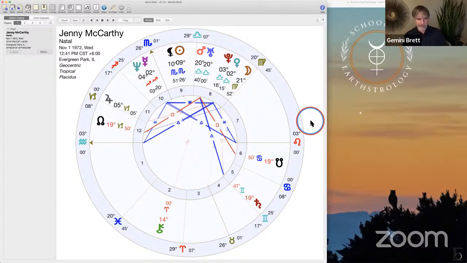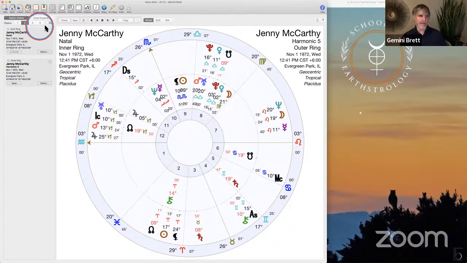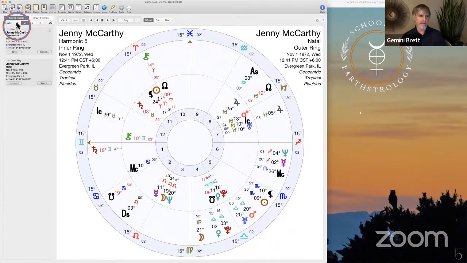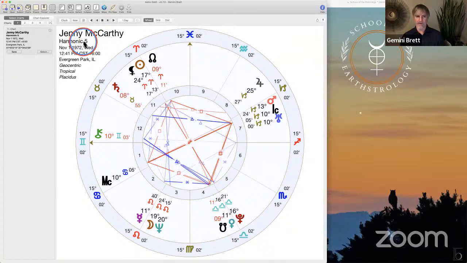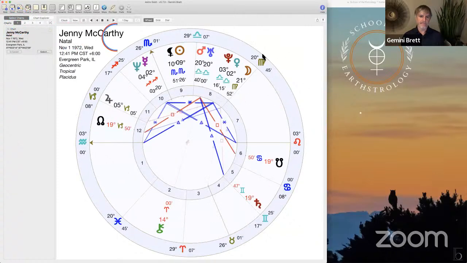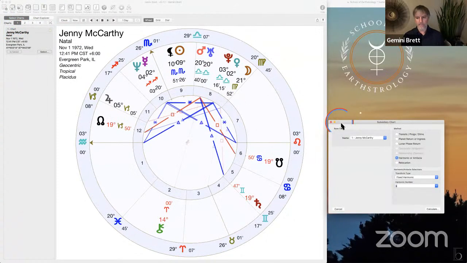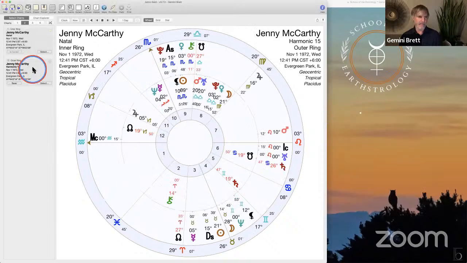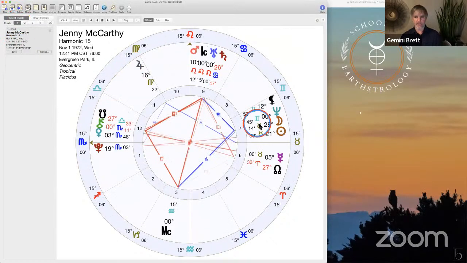The 15th, by the way, shows up as a trine in the 5th harmonic chart. 5 and 3, 15. Okay, so Sun trine descendant in the 5th harmonic chart. If we cast a 15th harmonic for Jenny McCarthy's nativity, we're going to see Sun conjunct descendant.